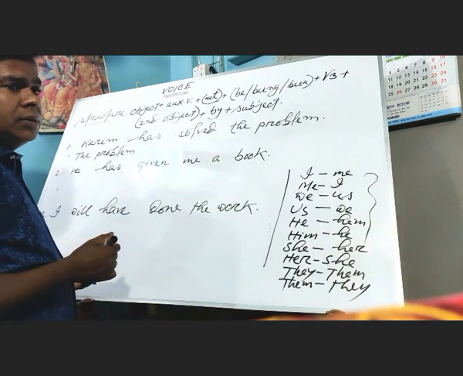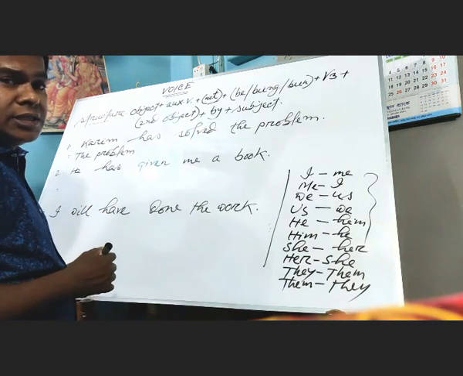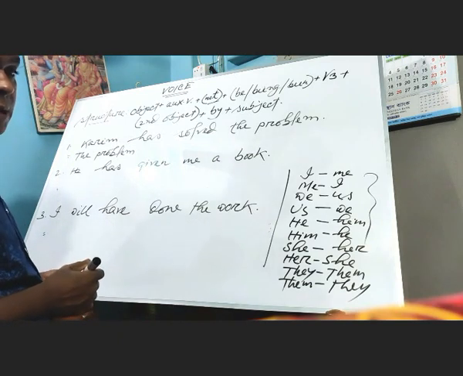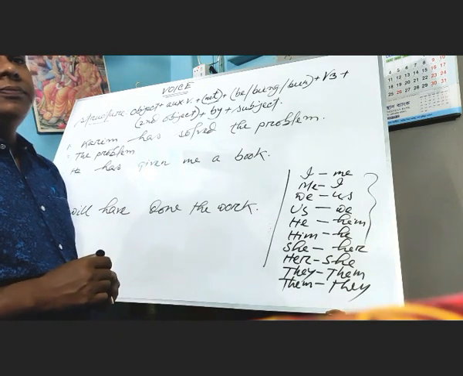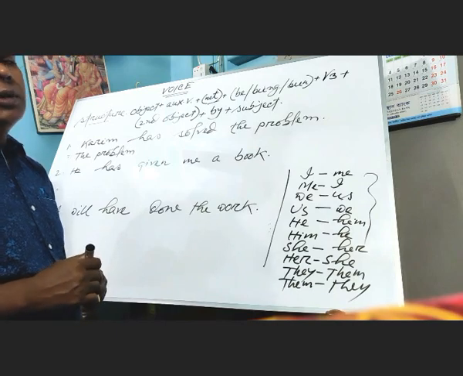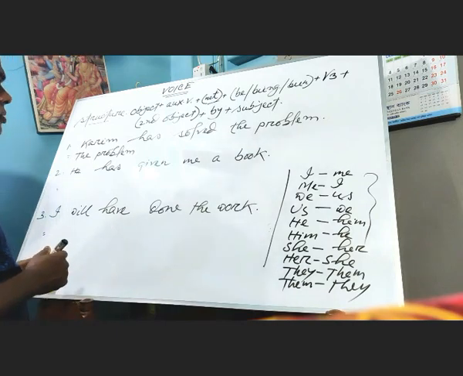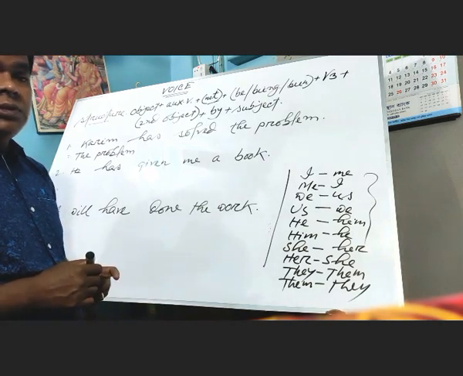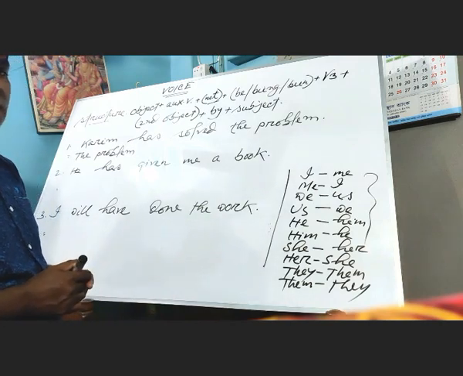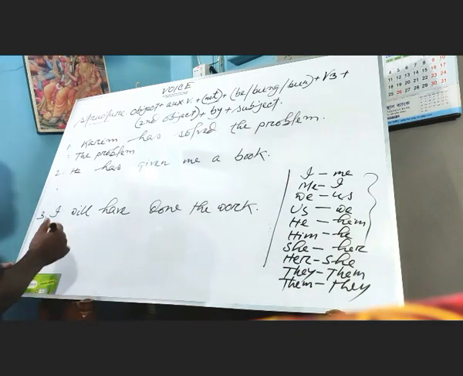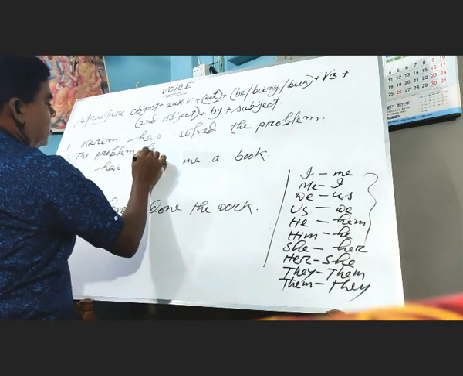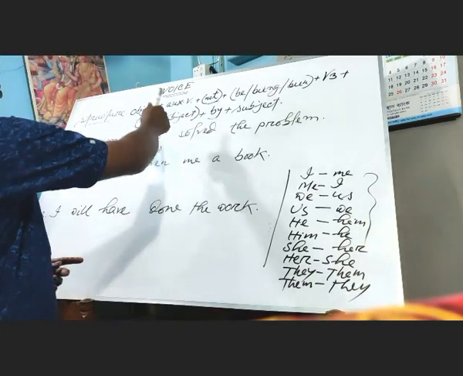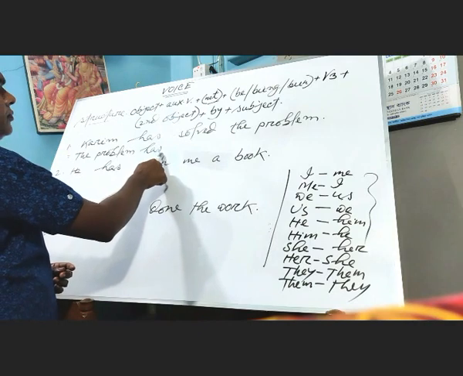The problem represents before us the singular, third person. If the subject is third person singular, then you will use has. But if the person is first person, second person or third person plural, then you will use have. So the problem has. Now the auxiliary has been done.